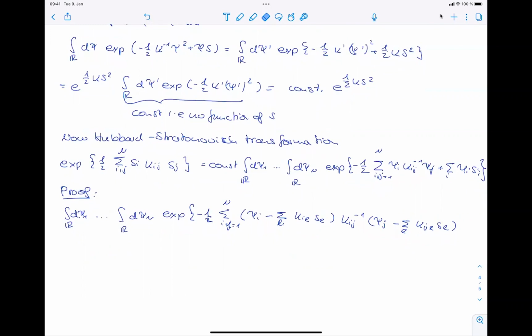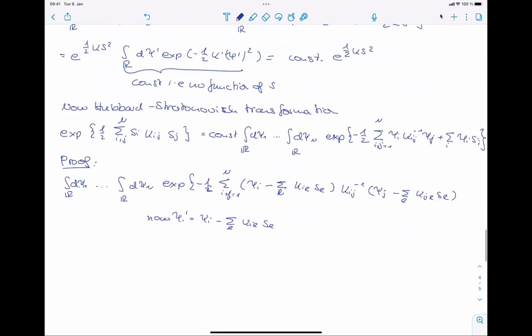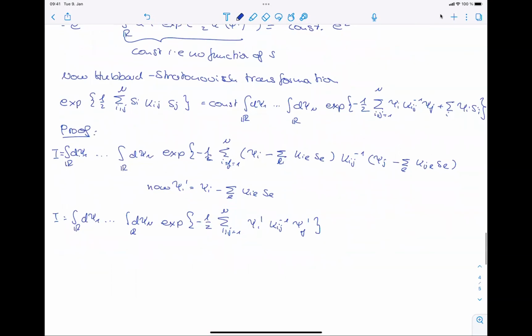Now we do this. I'm also rescaling, minus the sum over L of K_iL s_L, so psi_i becomes psi_i prime, K_ij inverse psi_j prime, which is again independent of all spins.